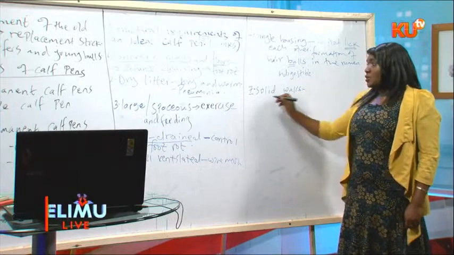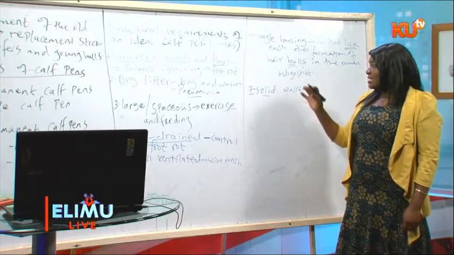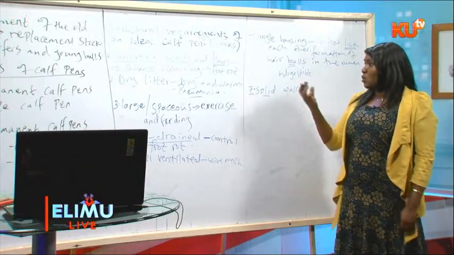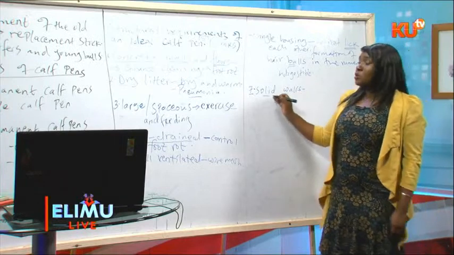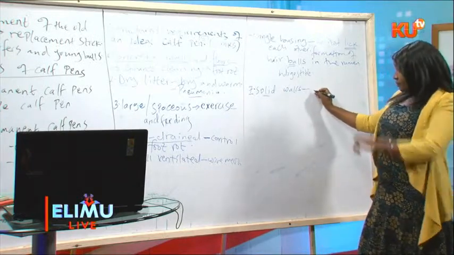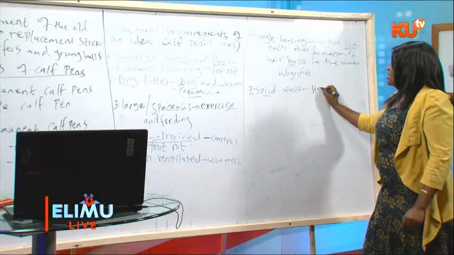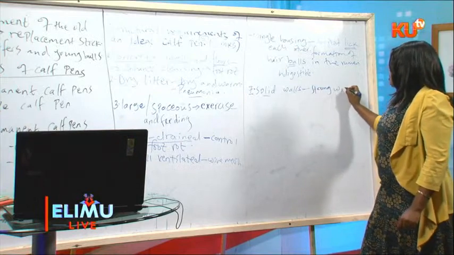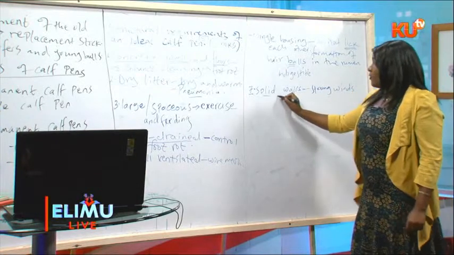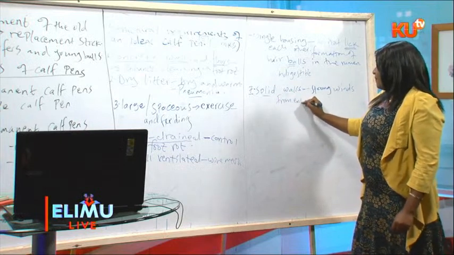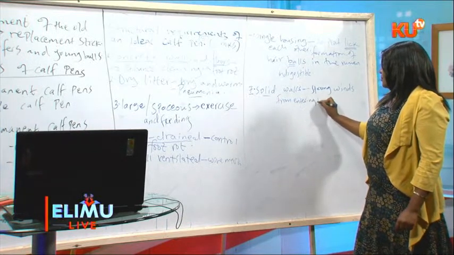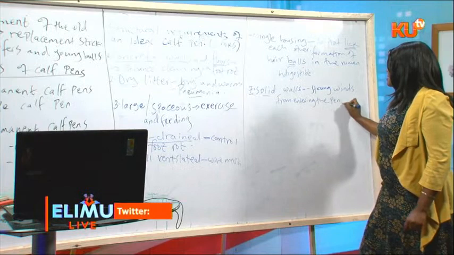So we need solid walls, especially at the sides where the very strong winds are coming from. And these solid walls prevent strong winds from entering the pens.